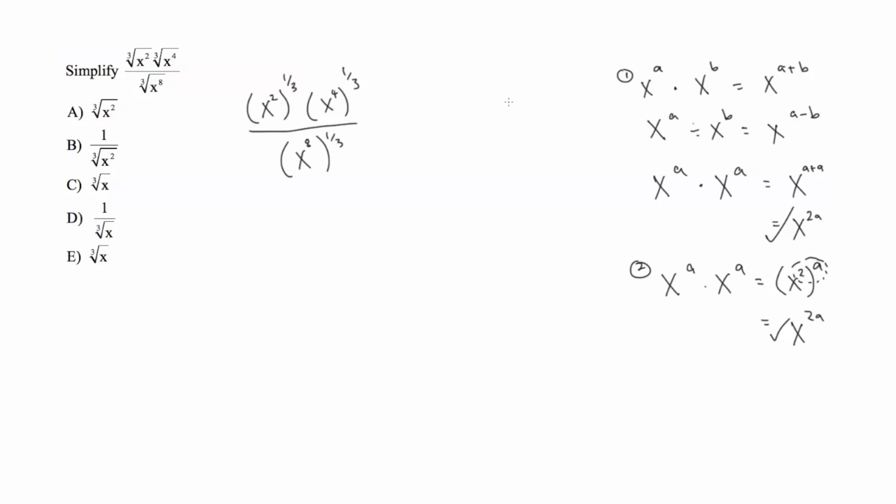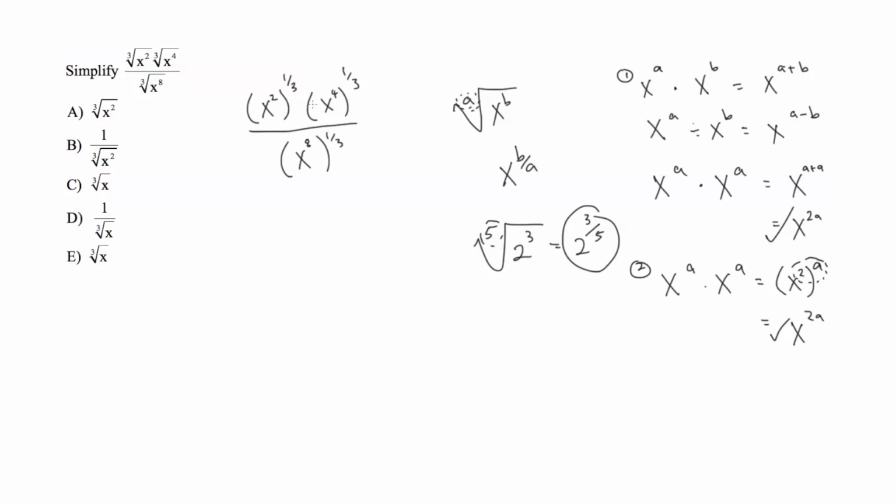And just to clarify, whenever you have, say, the 8th root of x to the b, the b stays with x, and the power of that radical becomes the denominator of the exponent. So to give you an example, if we have the 5th root of 2 to the 3 power, again, the 3 stays with the 2 on top, and the denominator becomes the power of the root. So 2 to the 3/5.